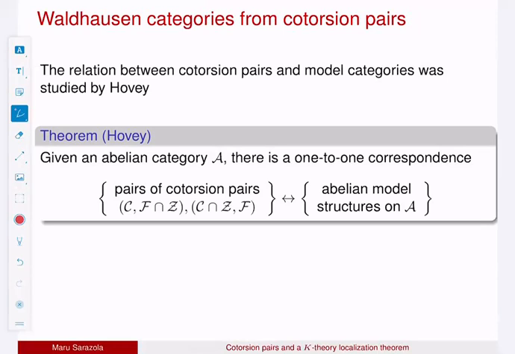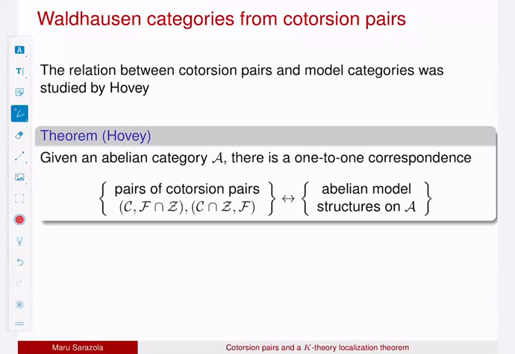So an abelian model structure is one where the cofibrations and fibrations still see the algebraic structure in A in a very precise manner. And Javi showed that these are in correspondence to pairs of Cotorsion pairs. So note that these are not just any two Cotorsion pairs, because there's only 3 classes involved. So they have to be pairs that are compatible in this way.